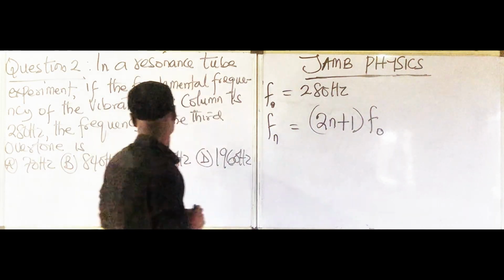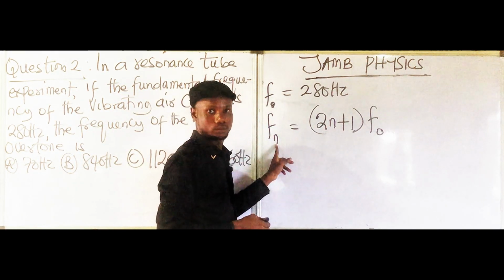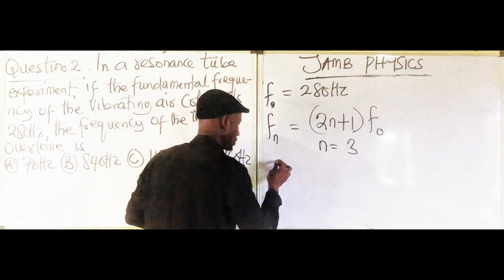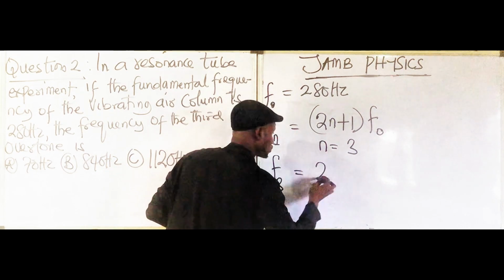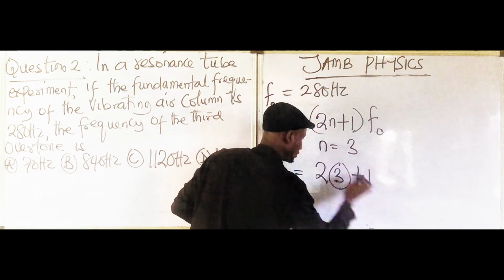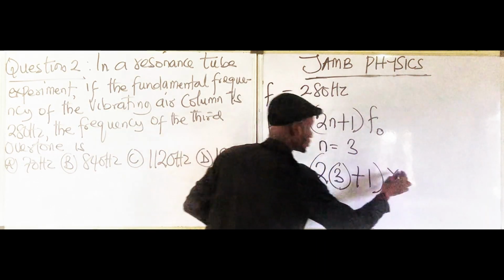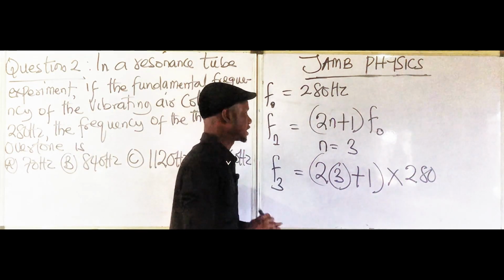Now, we are asked to find the third overtone. So the third overtone means that n is equal to 3. So n equal to 3 here. This is going to be F3. Remember, it will be equal to 2 into 3, that's replacement, plus 1. Please take note. Times, replacing F naught. F naught is what? 280. So now let's solve what is inside the bracket first.